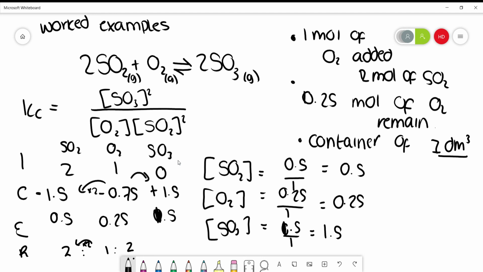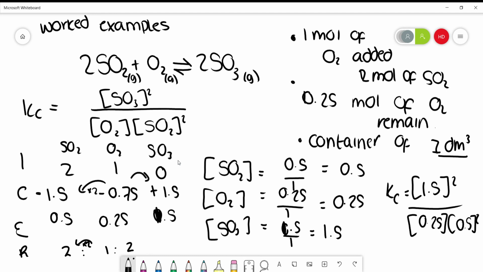To finish, what you've got to do is now plug those values into the Kc equation. 1.5 squared over 0.25 times 0.5 squared, which equals, let me get my calculator for a second. You can just plug this into your calculator now.